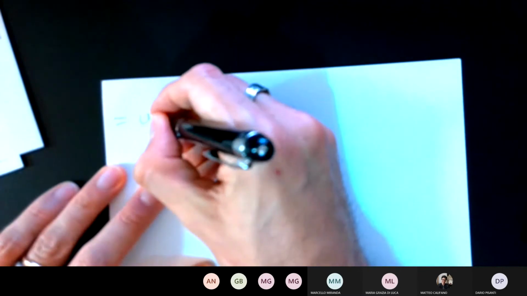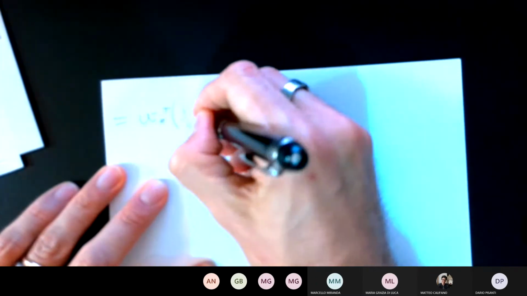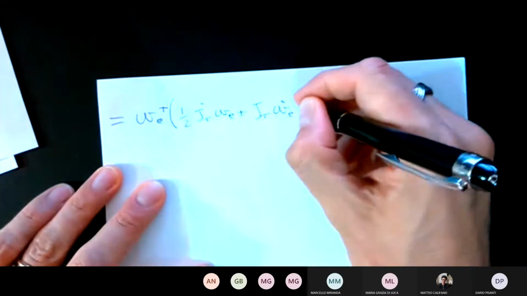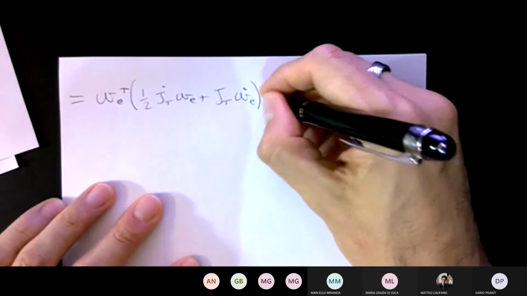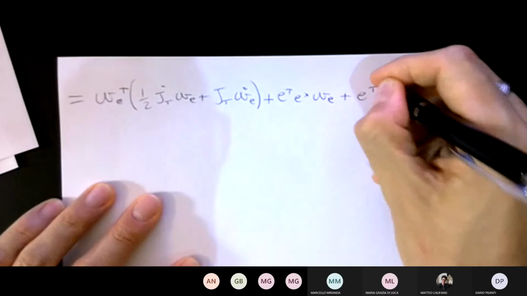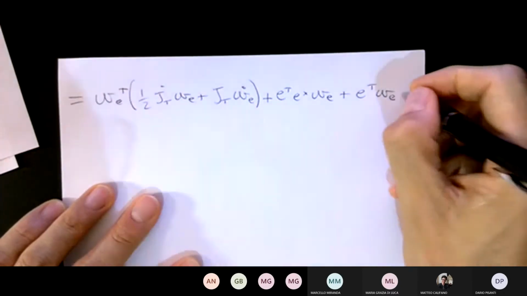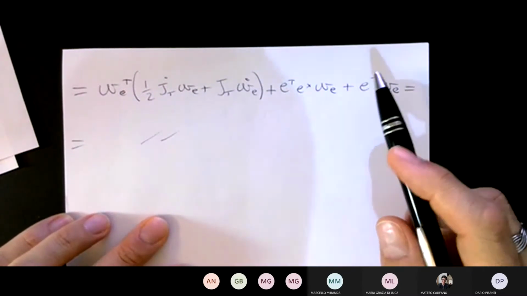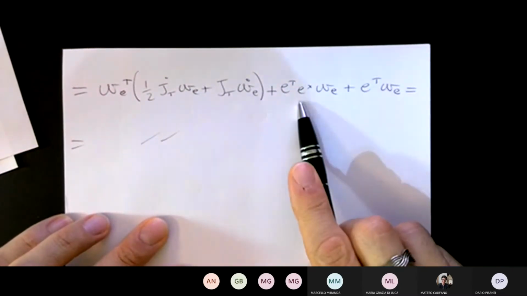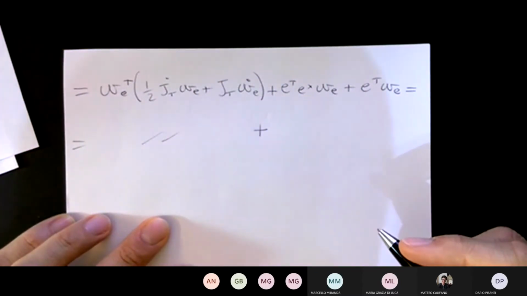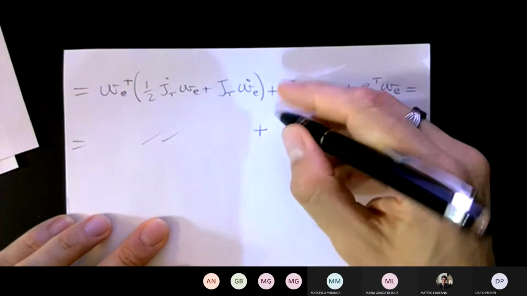Then, continuing and simplifying things, I have omega E transpose, 1 over 2 JT dot omega E plus JT omega E dot. I'm left with E transpose omega E plus E transpose omega E. Again, this is the same, I'm going to transpose this term. Actually, not yet, I'm just collecting things.